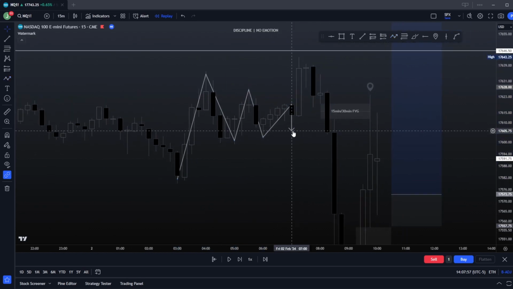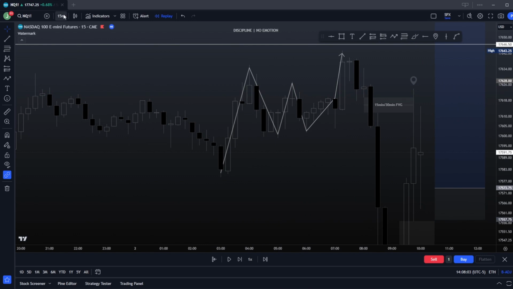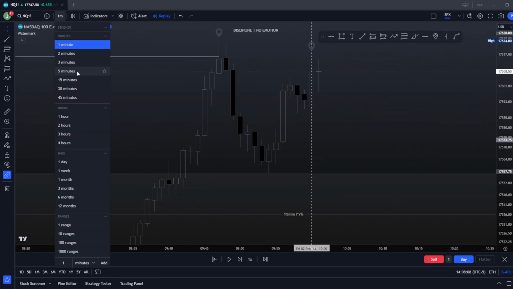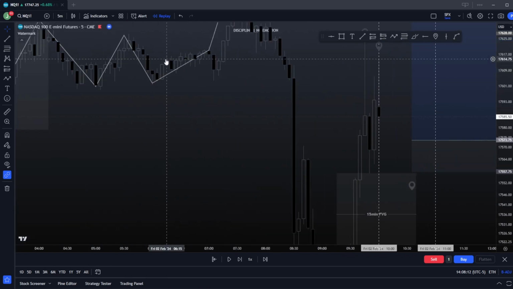Obviously, that's consolidation, but we're still in an uptrend technically. So on a lower time frame, yes, it's a market structure shift, but on a much higher time frame, it's just a break of structure. Does that make sense?